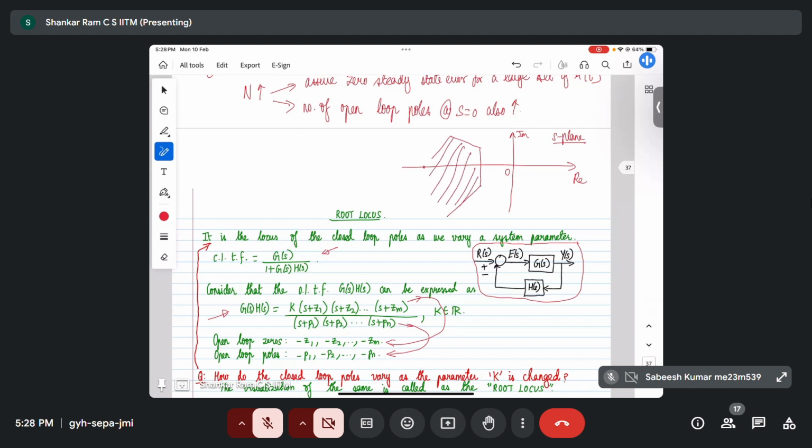Suppose somebody tells us, you have these two as the trace of the closed loop poles as you vary K. Then you see that this is K1, at this point this is K2. We observe that when K is between K2 and K1, both closed loop poles are going to be within that open trapezoid region, and that is the region which I want for both closed loop stability and closed loop performance.